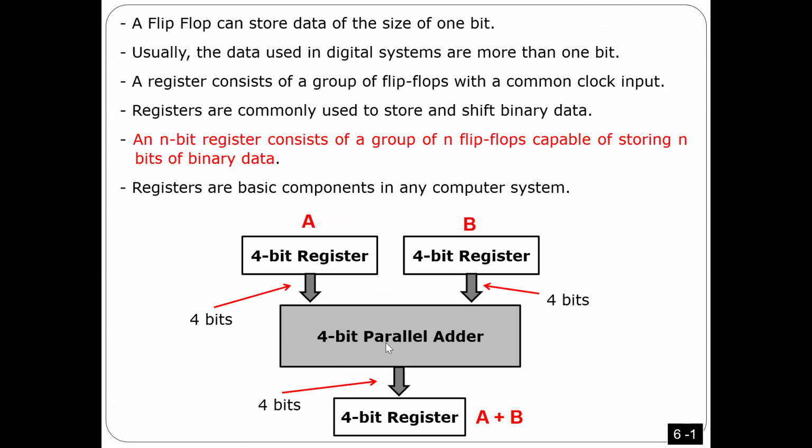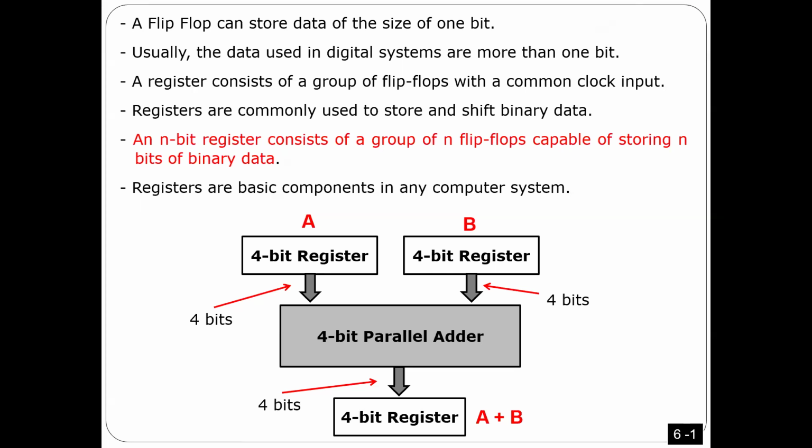If you have something like a 4-bit parallel adder, this circuit needs 2 inputs. These 2 inputs are usually stored in 2 registers. Again, the purpose of this course is not teaching digital systems, but I'm going to teach you the components that we use to create a digital system. In order to understand how this component is useful, I'm going to give you some idea here.